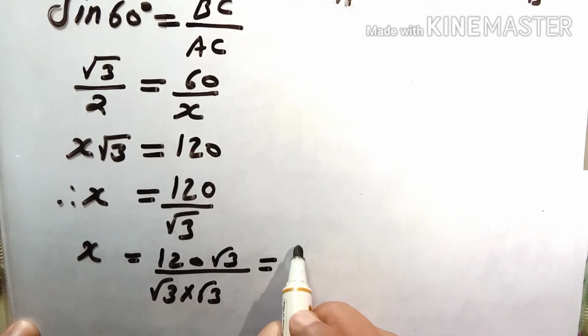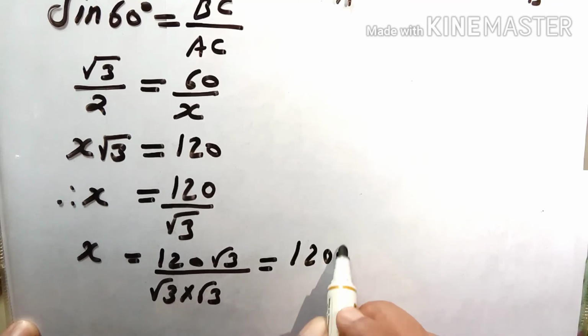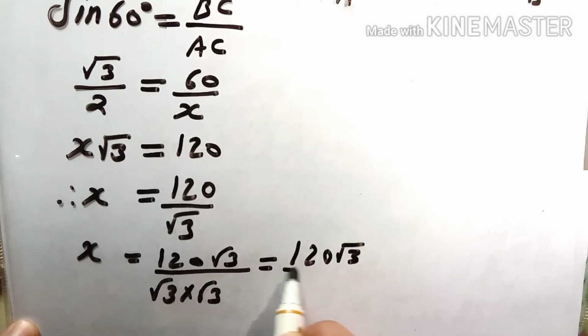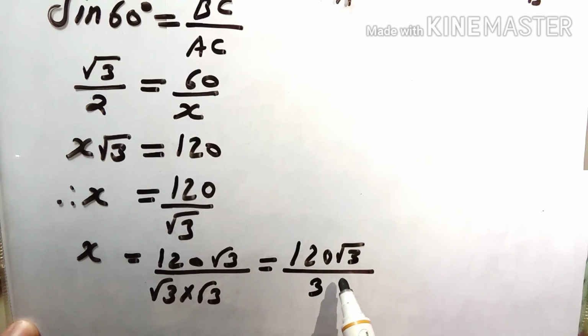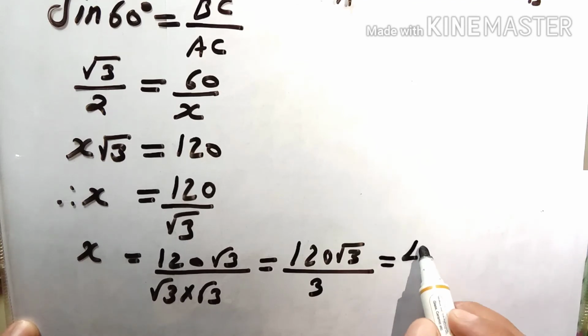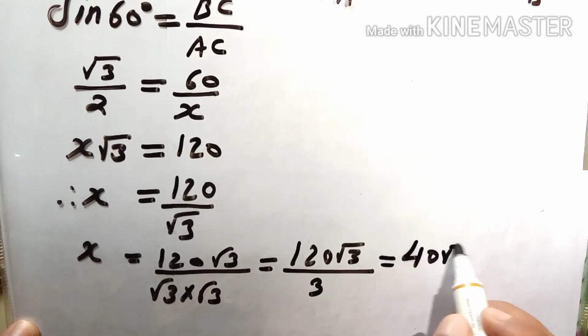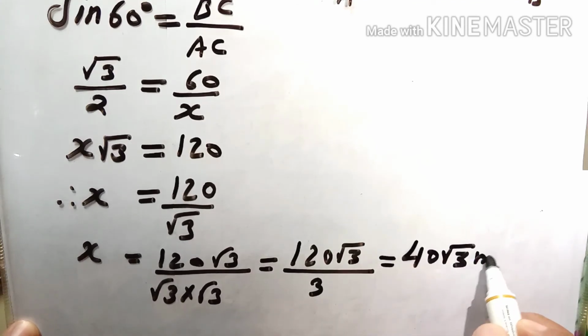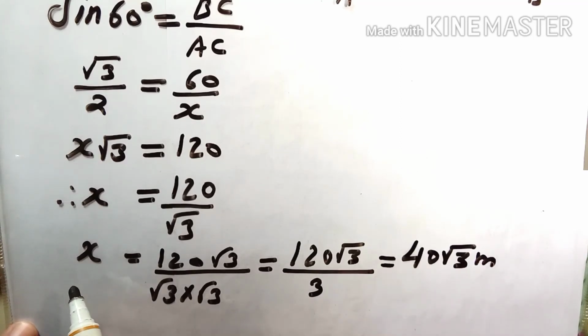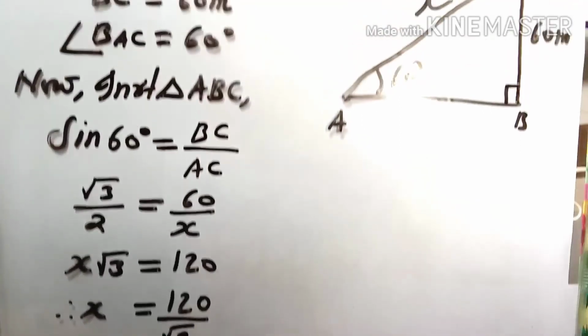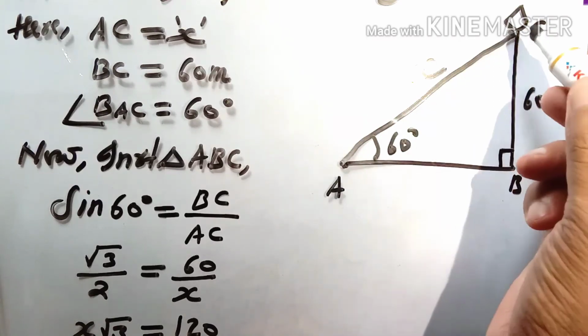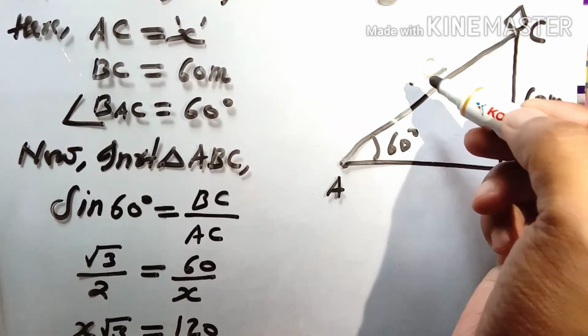That will give 120 root 3 divided by root 3 into root 3, which is only 3. So we can cancel this 3 into 120, that is 3 into 40. After that, we are left with 40 root 3 meters. What we were asked to find is the length of the string, which we denoted by the letter x.